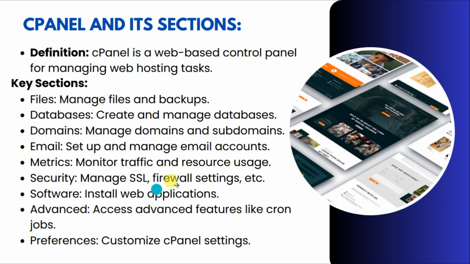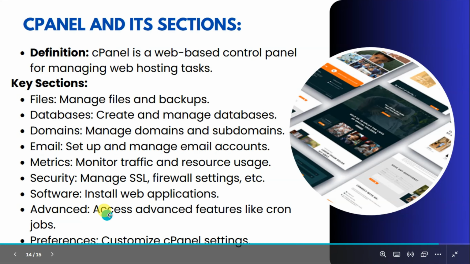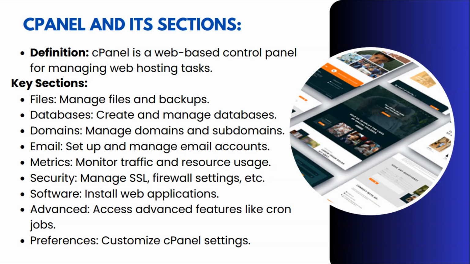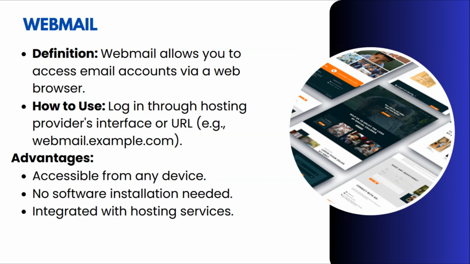Security, to manage SSL, firewall settings, etc. We have the Software section, to install web applications, and that is where we are installing WordPress. And we have Advanced, to access advanced features like cron jobs, and Preferences, where we customize cPanel. So when we get into that, you will actually see how it looks and how easy it is for you to install all those applications.